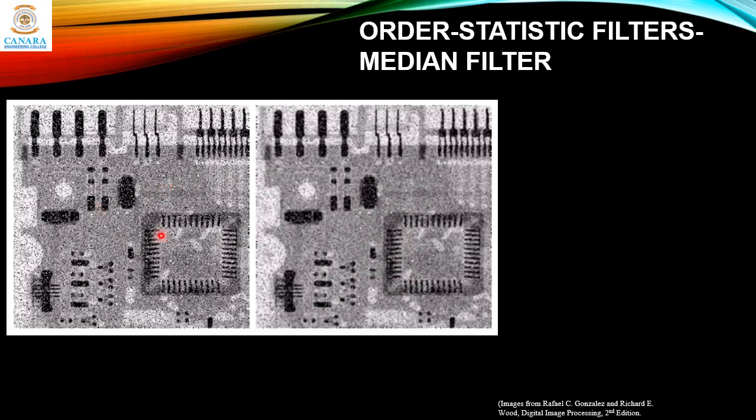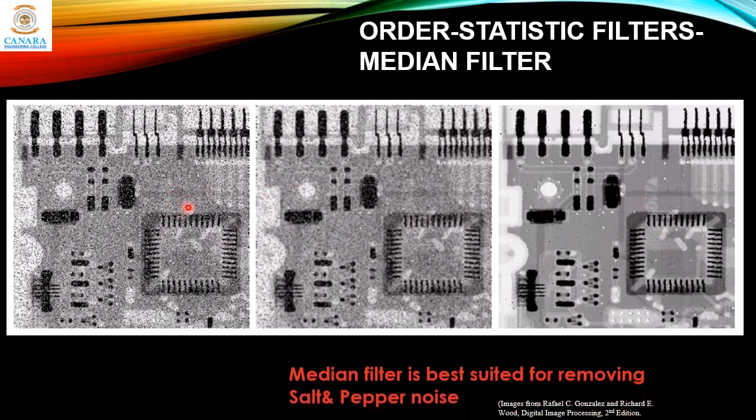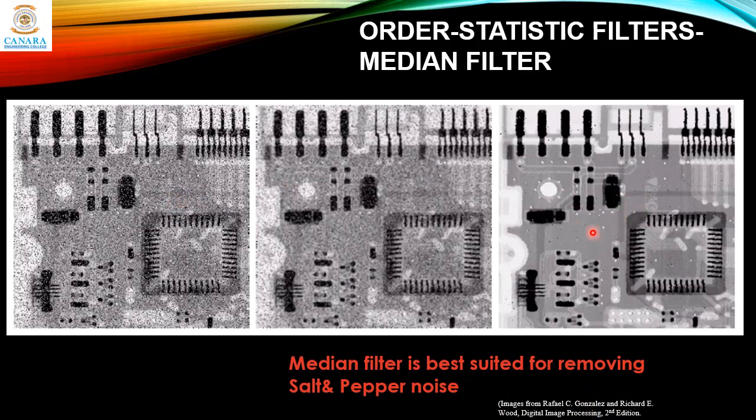Now for the same input image, if you apply the median filter, look at the result. It has done wonders to the image. All the black and white spots, the salt and pepper noise, have been removed or eliminated by the median filter. That is the advantage of using a median filter.